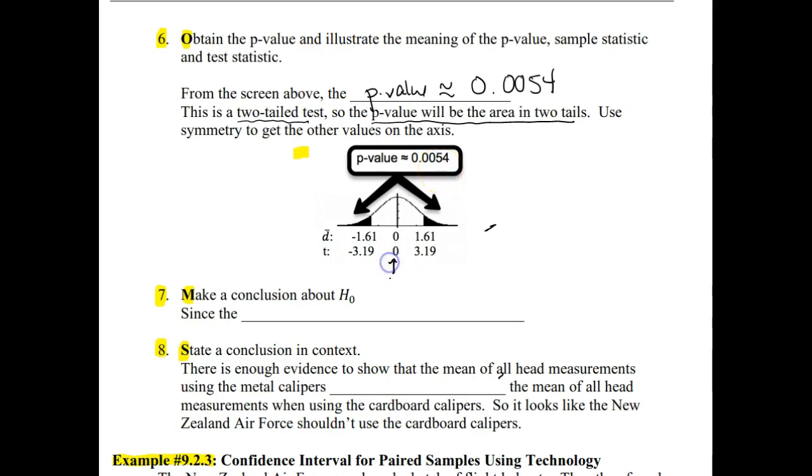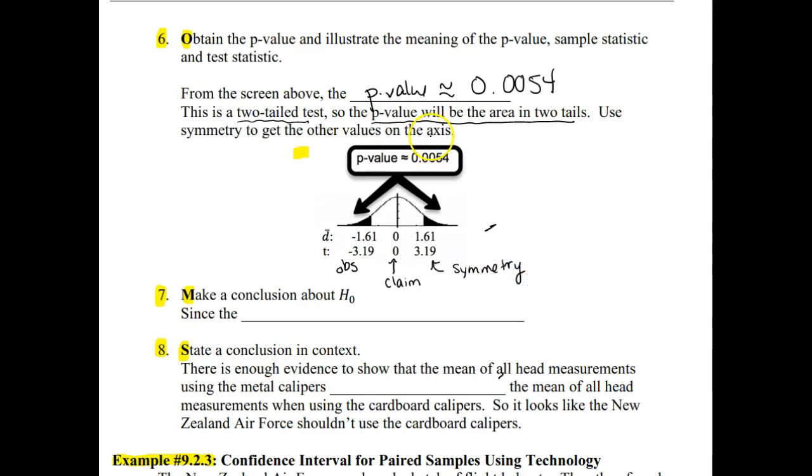So in the center here on this distribution goes our claim. If we go back to H0, the claim is that that difference is 0. T-score on center is always 0. Our observed difference that we actually saw was negative 1.61, and the corresponding t-score was negative 3.19. This other side, these were not numbers that we saw.